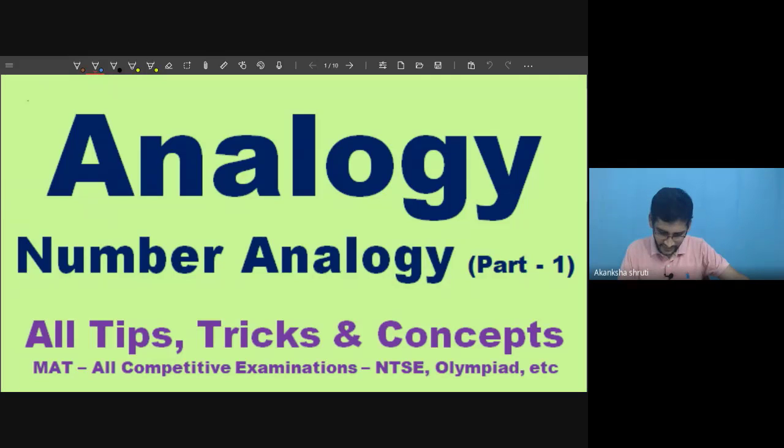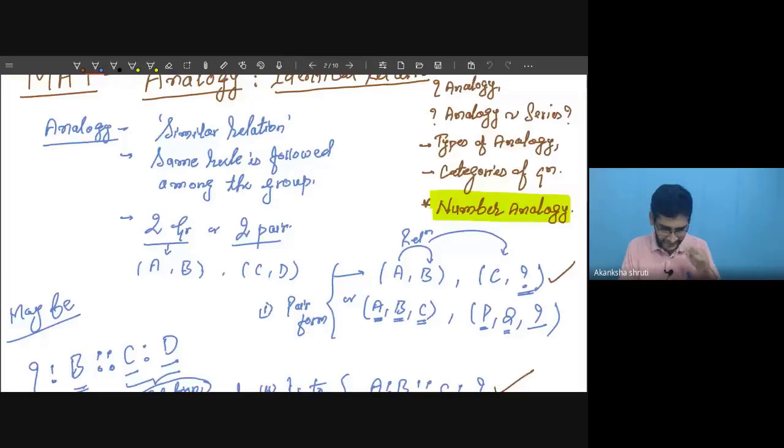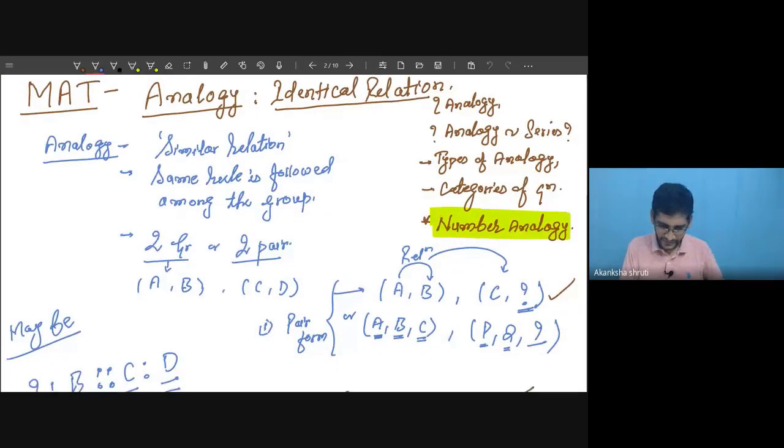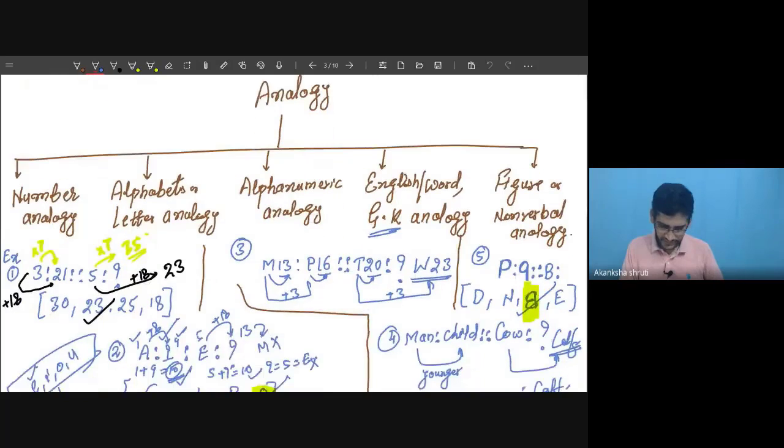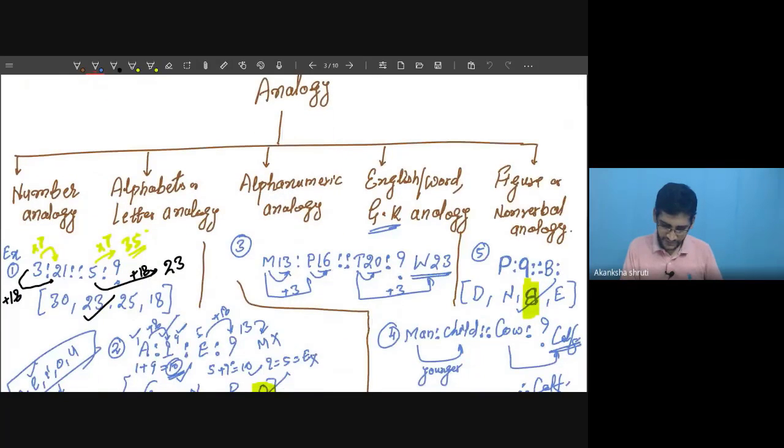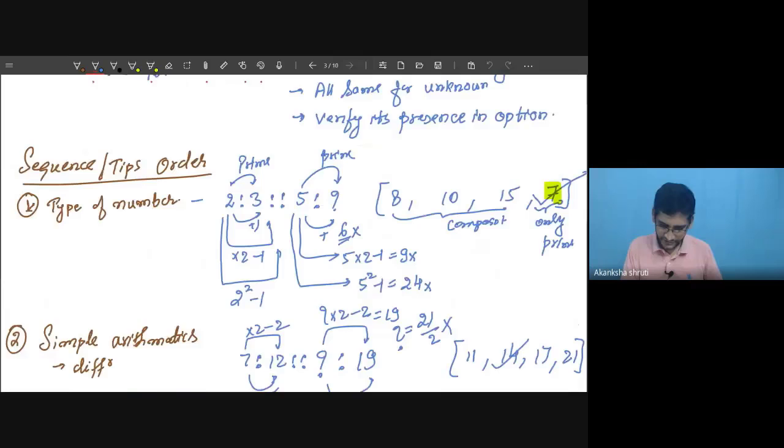The most important part of analogy was this number analogy itself, and we have finished this. We started with what is analogy, the types of analogy, and the category of questions that are framed. Those things we have discussed.